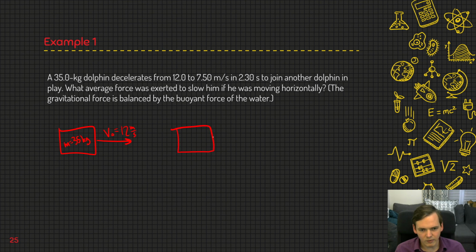We've got a final speed of 7.5 meters per second, a delta t of 2.3 seconds, and then if I draw my free body diagram, the buoyant force will equal the gravitational force, and then we'll have the force, we'll call it the slowing force, the water resistance, if you will.